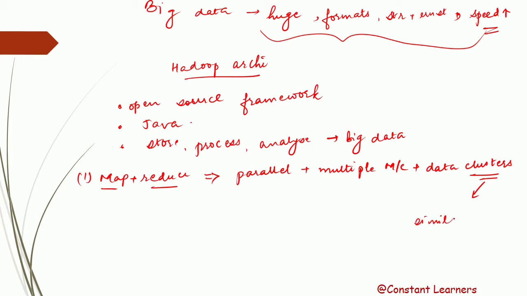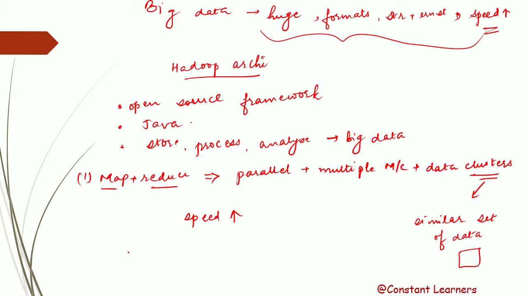Okay, that means suppose I am talking about heart diseases. Okay, so all the data about heart diseases should come and be stored in one single place. That is known as a cluster, a data cluster. Okay, so MapReduce performs parallel computing using multiple machines on data clusters. Okay, and thus because of this, the speed of processing increases. Okay, so processing speed increases.